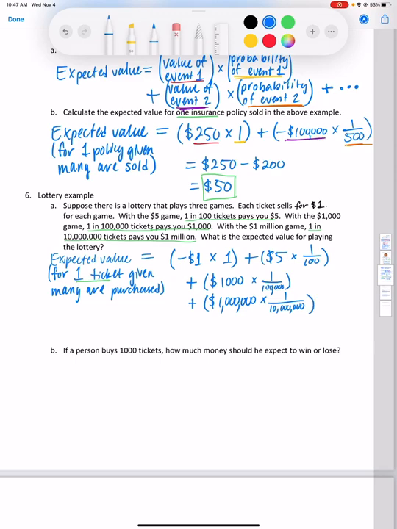So we add all of these up. Let's calculate each one, and we'll add them up.